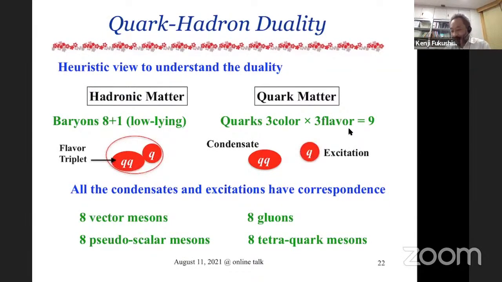And in such a way, you can establish a one-to-one correspondence for any physical excitations. For example, in the vector channel, you can make a one-to-one correspondence between gluons and vector mesons, or the pions for the pionic collective excitations. You can also establish a one-to-one correspondence in the octet excitations.